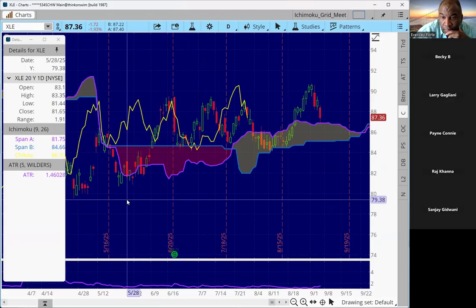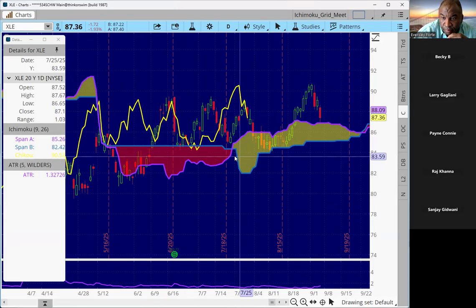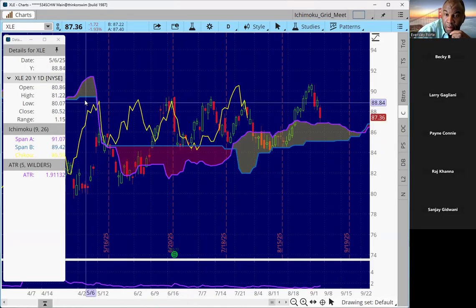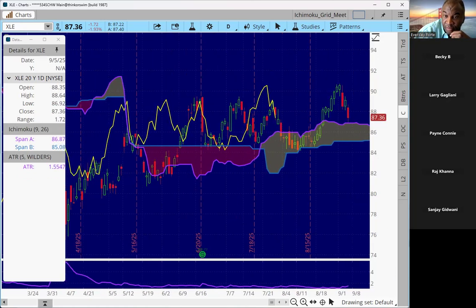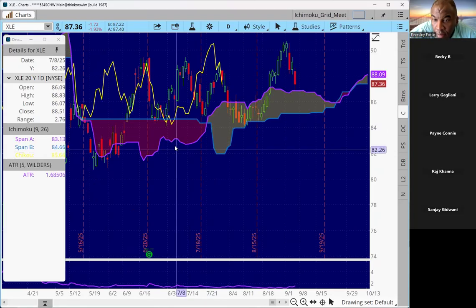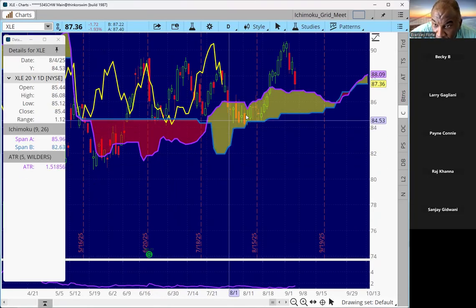The Ichimoku cloud. This colorized version, these patterns here are the area between two sets of moving averages. That is what gives it the look and feel of the cloud, okay? So this bottom portion is a bearish cloud, this is a bullish cloud.